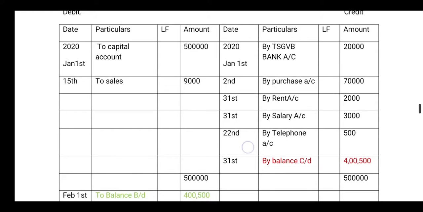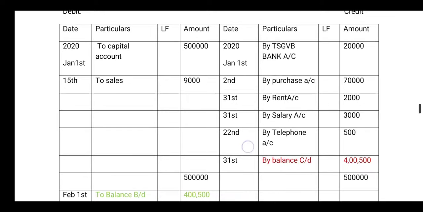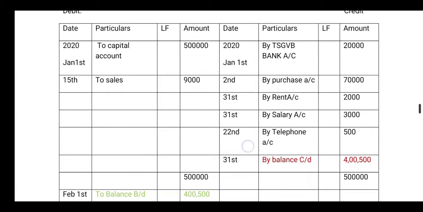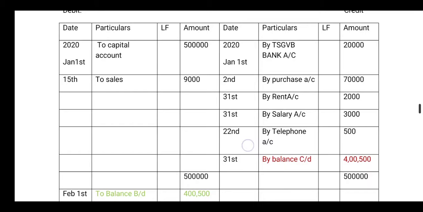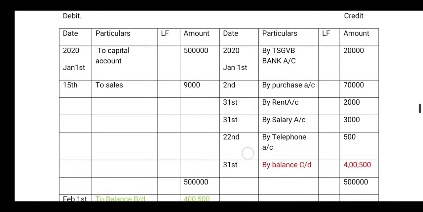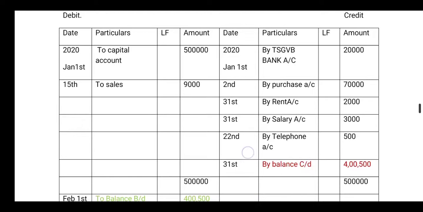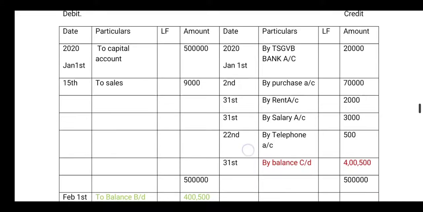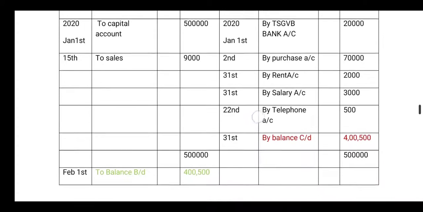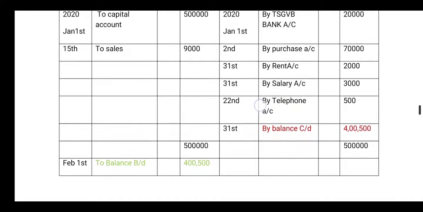Here, at the capital account, the first entry is capital account 5 lakhs. Then we go to the second transaction, cash deposited in bank. Here bank is debit, that's the reason we debit. Then purchase of goods with cash 70,000.